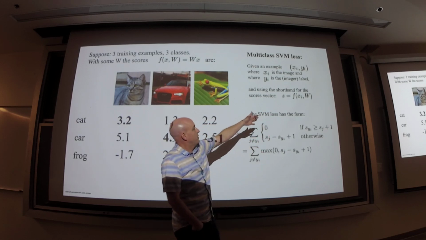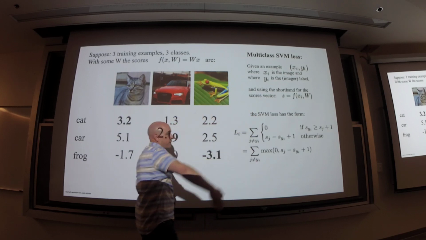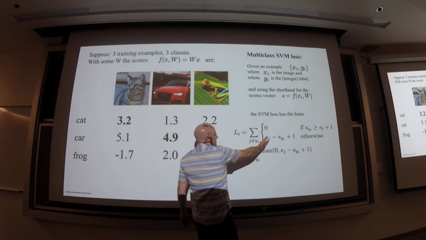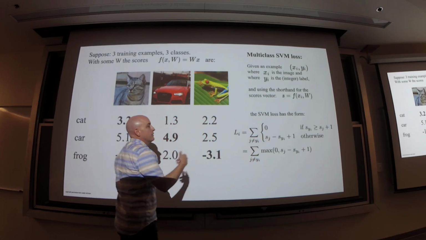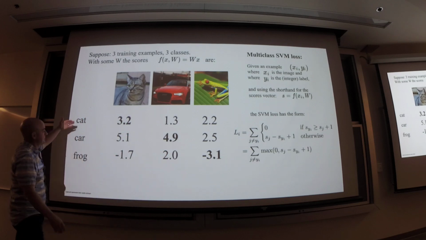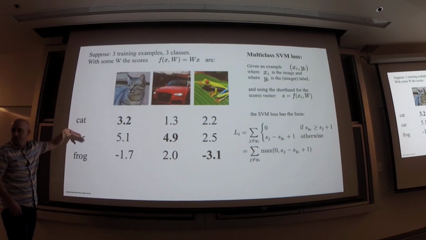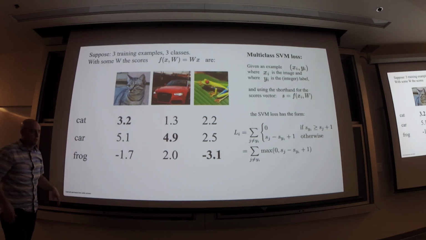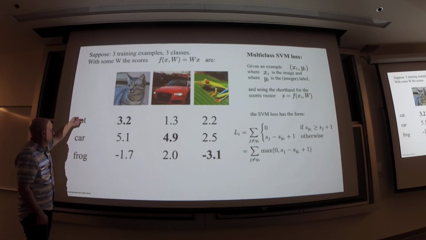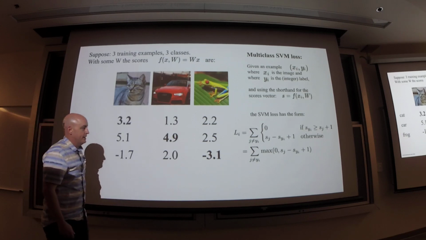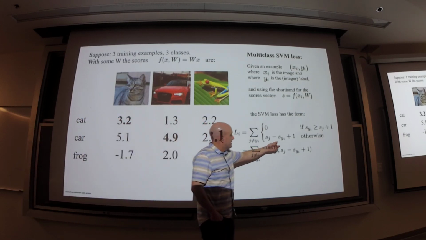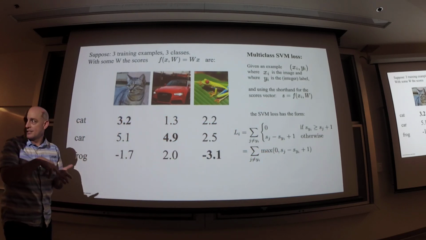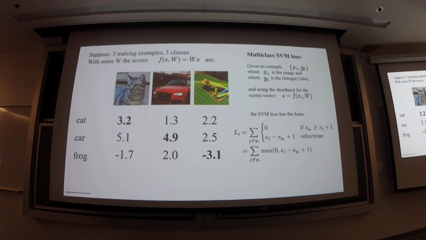So we plug in our example, and remember it gives us a score for all, in this example, 10 classes. So Sj is the score it gives for the jth class. Like S1 would be the score it would give for cat, for instance. S2 would be the score it gives for car, or frog, and so on. It's just a way of keeping track of how many classes we have and what the score is there. That means that Syi is the score we've given to the correct class. This is the actual correct class.